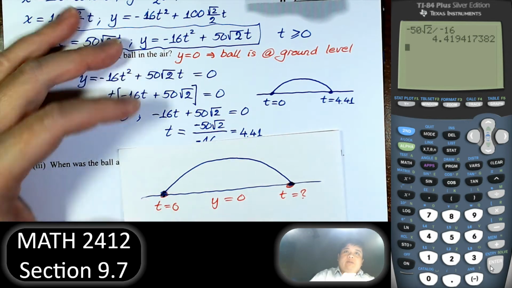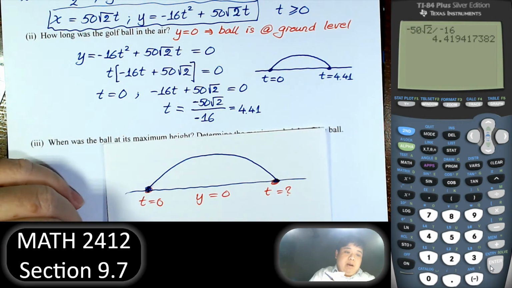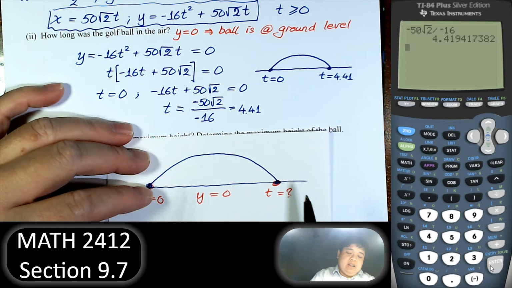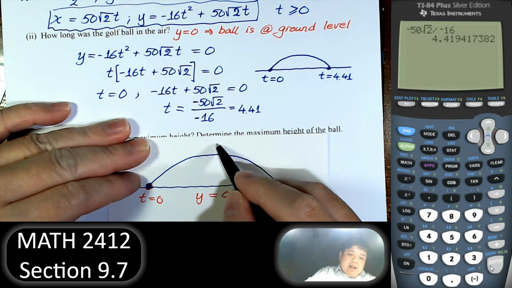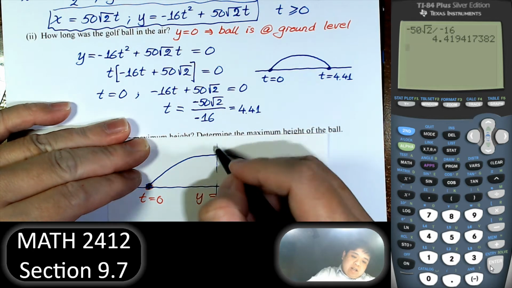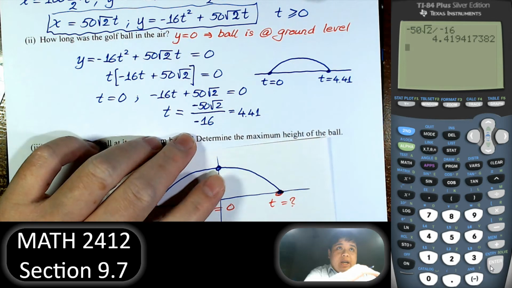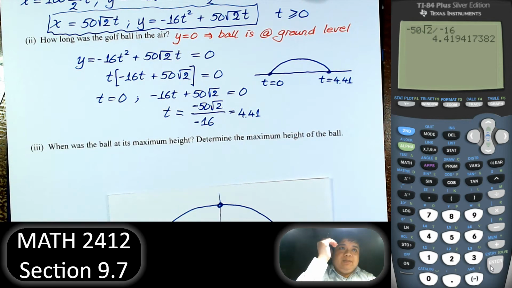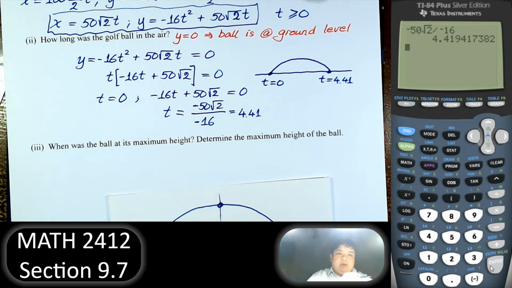So the ball travels like this. It is a parabola, or a parabolic path, right? So if we have this, then the line of symmetry will be right in the middle. The vertex will be on the axis of symmetry. So we know where the ball is at the maximum height. That's easy. It will be halfway through the interval.